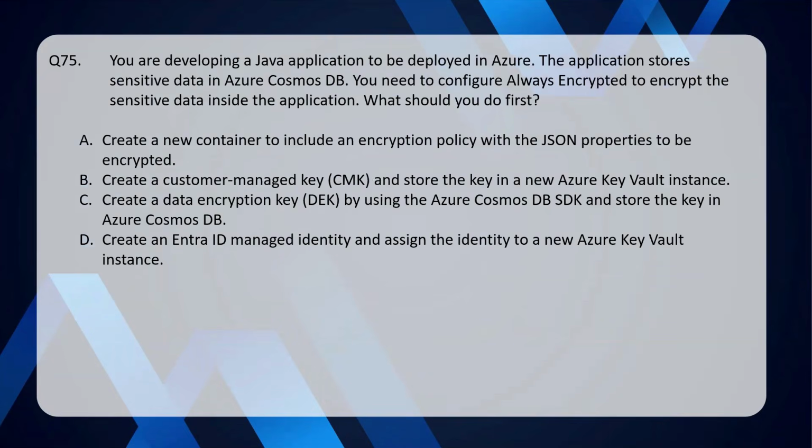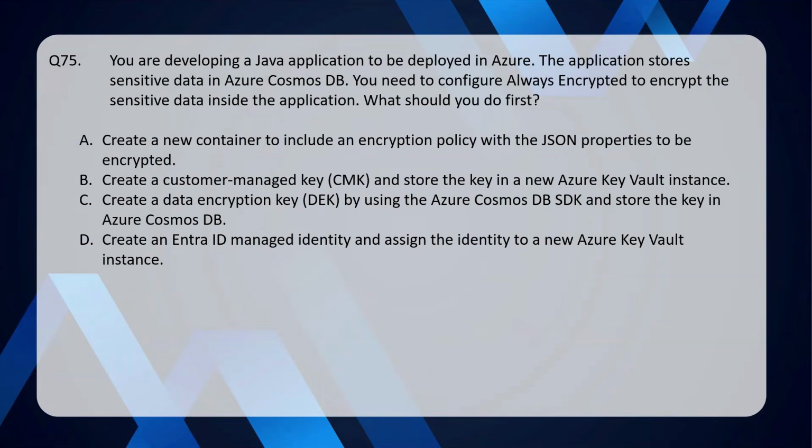Next question. You are developing a Java application to be deployed in Azure. The application stores sensitive data in Azure Cosmos DB. You need to configure Always Encrypted to encrypt the sensitive data inside the application. What should you do first?